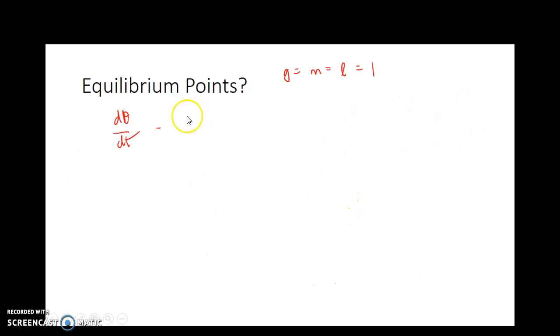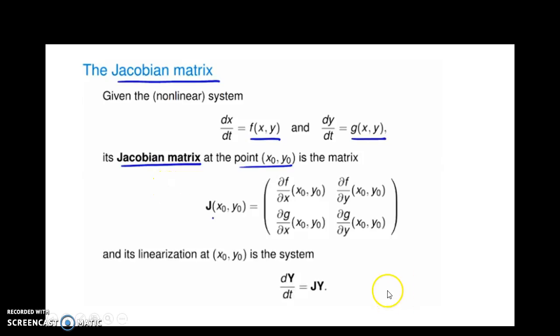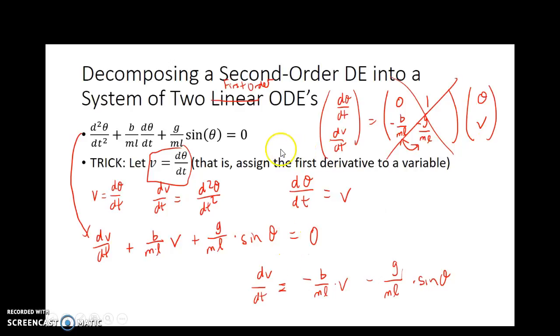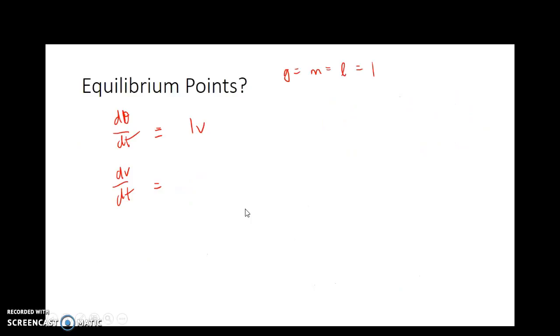It's just going to be 1v. But dv dt will simplify because it has all of those constants in it. So if I assume that b over ml and g over ml are equal to 1, then what I have is negative 1v minus sine of theta.